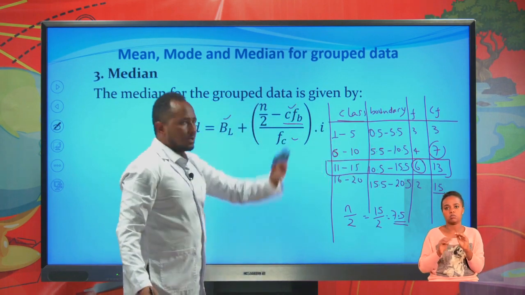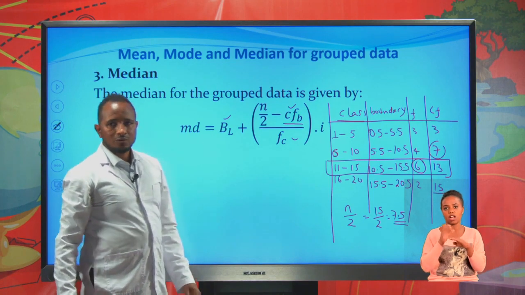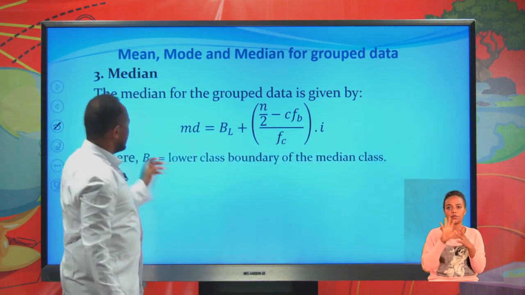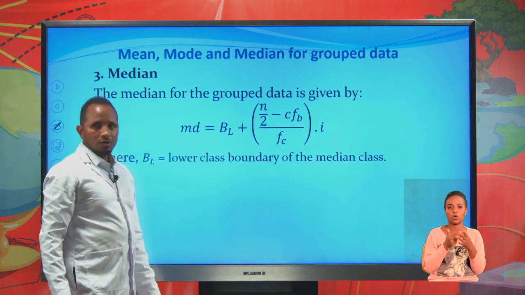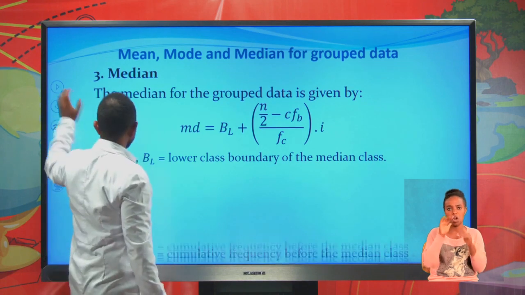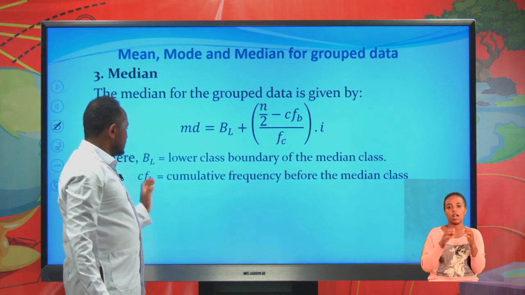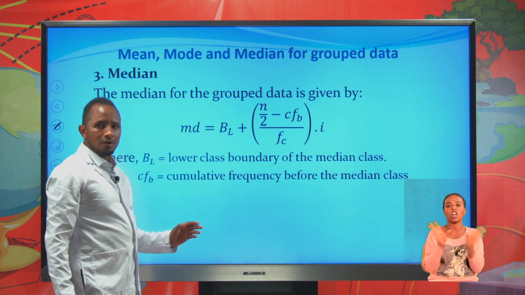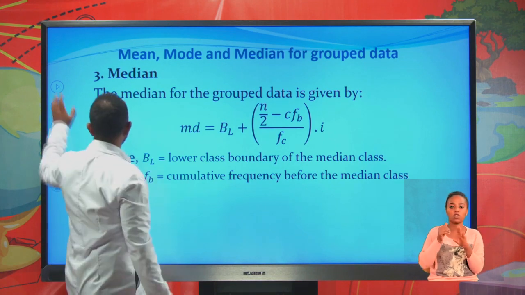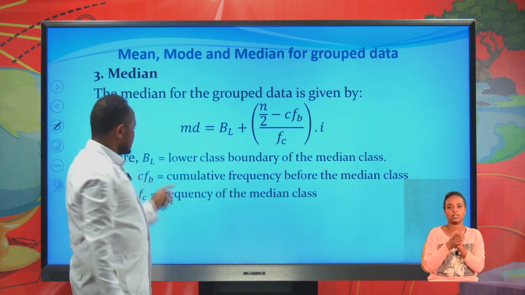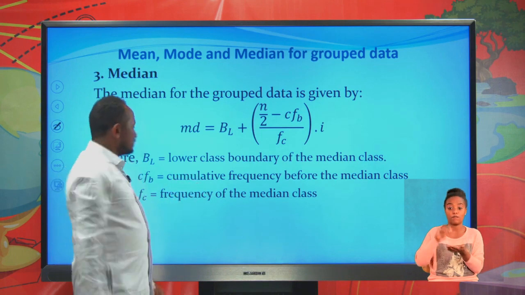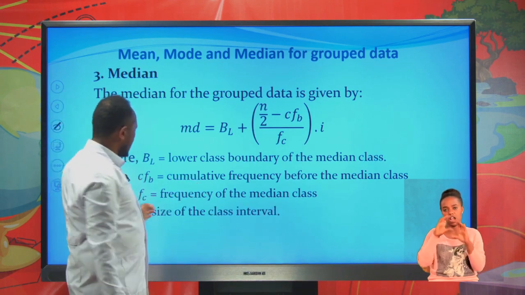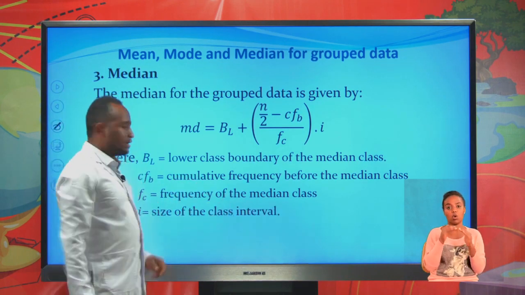So after that, you can apply this formula to calculate the median. Here BL is the lower class boundary of the median class, and CFB is the cumulative frequency before the median class. FC is the frequency of the median class itself, and I is the size of the class interval.